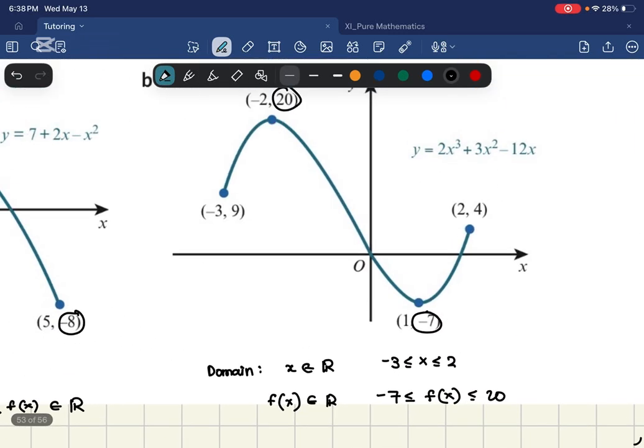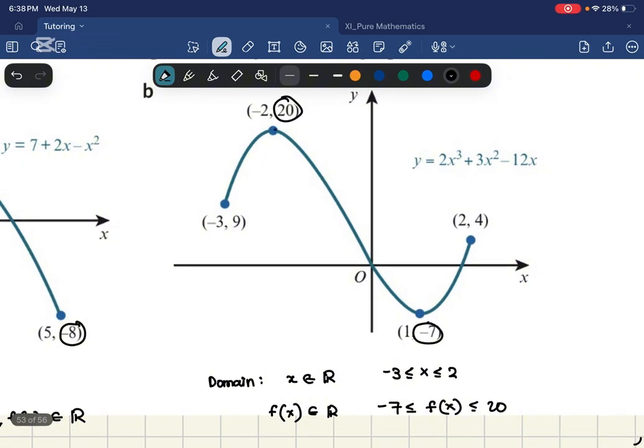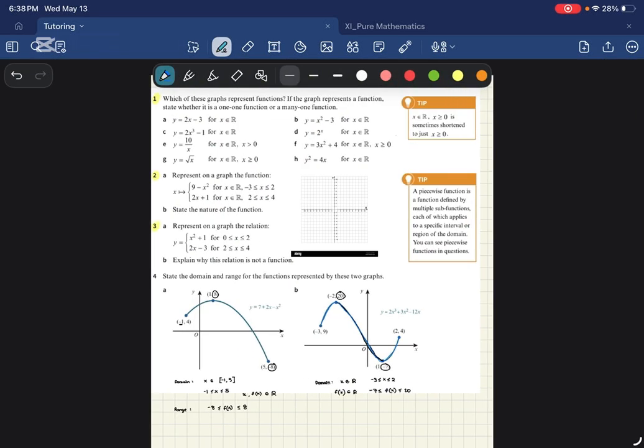Basically, your set of outputs: you are outputting values starting from negative 7 to 20, right? Every value between negative 7 and 20, as you can see when you trace the graph, is going to be included. And every x value from negative 3 to positive 2 is included as you trace the graph. So that is how you figure out the domain and the range.